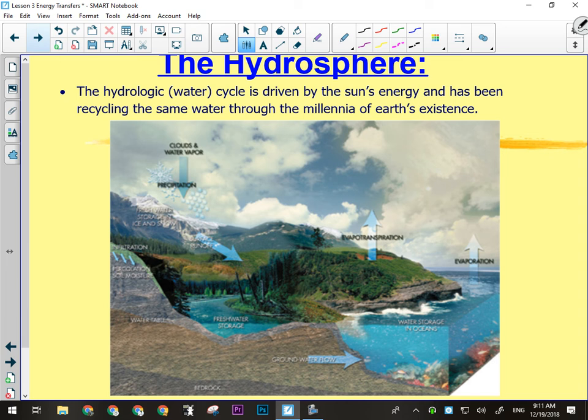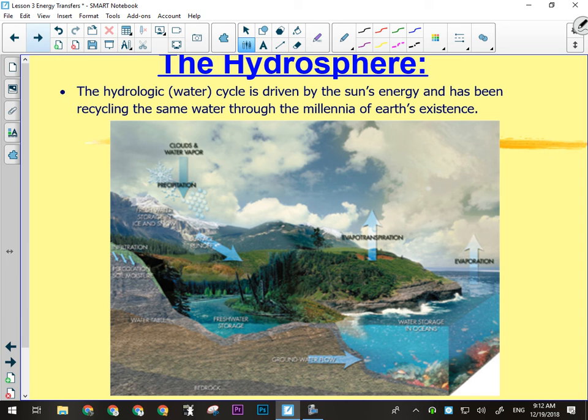Either way, both of those represent energy inputs. So now we have this water vapor that contains lots of energy in the atmosphere. At some point, it's going to fall as precipitation, snow, rain, hail, whatever. That's going to represent now an energy output. That energy is going back into the system here. It's going to be more tangible as opposed to latent.